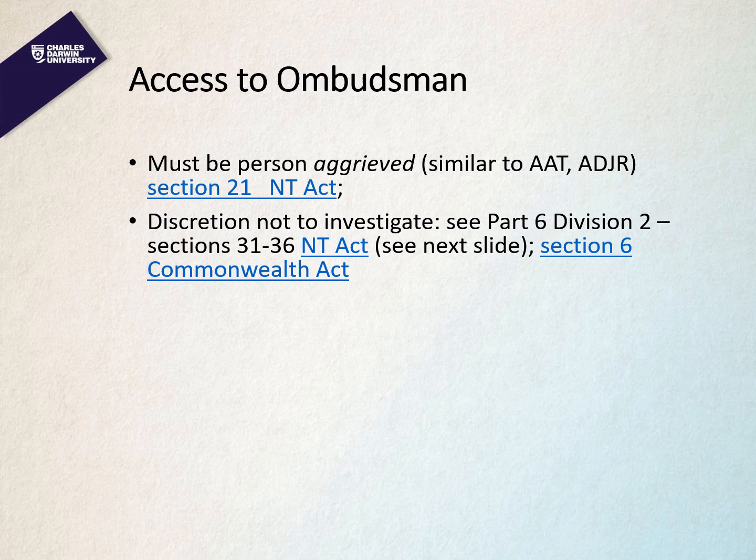I don't think I extract that on the next slide, but I do extract one of the provisions in the Northern Territory Act about discretion not to investigate. So, as the second dot point says, even if a person is aggrieved in a technical sense, there may well be a discretion not to investigate. Section 6 is the central section in the Commonwealth Act, sections 31 to 36 of the NT Act, but the key section is 33, which I extract on the next slide.